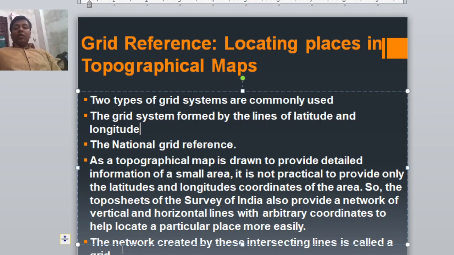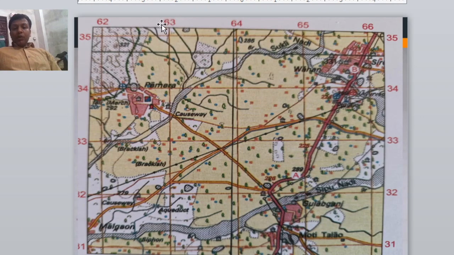In your last class, you studied the grid system of latitude and longitude lines, but in the national grid reference we have vertical and horizontal lines. Look at this picture. This is a topographical map.